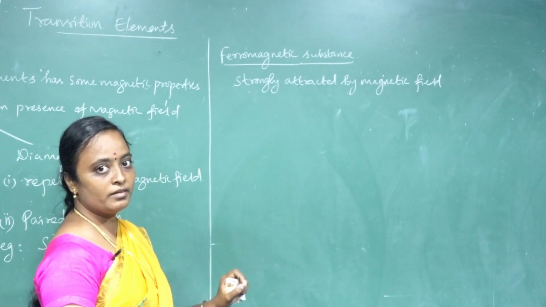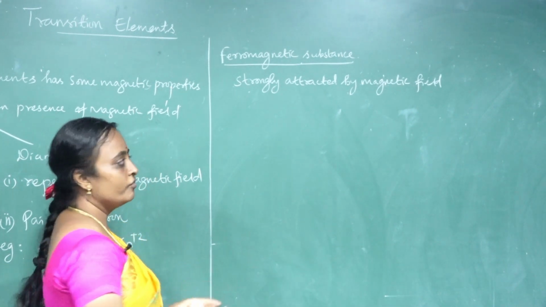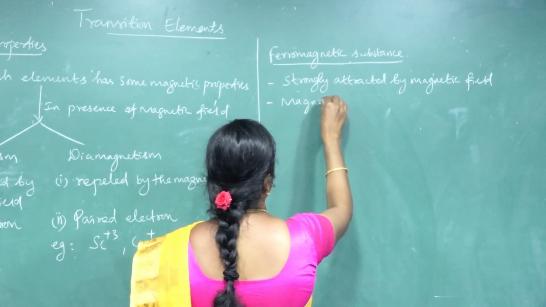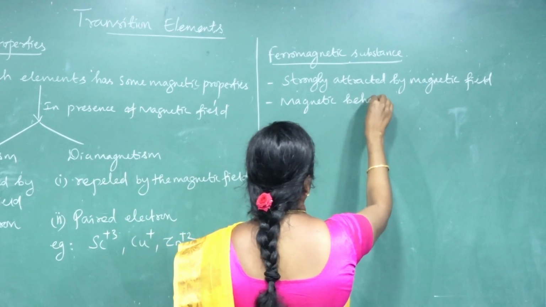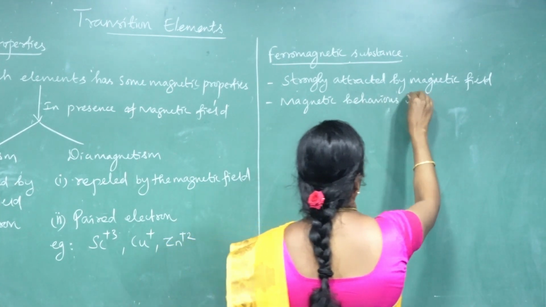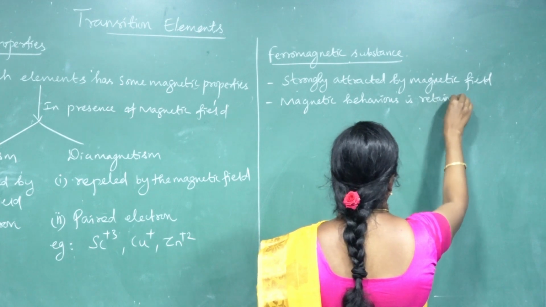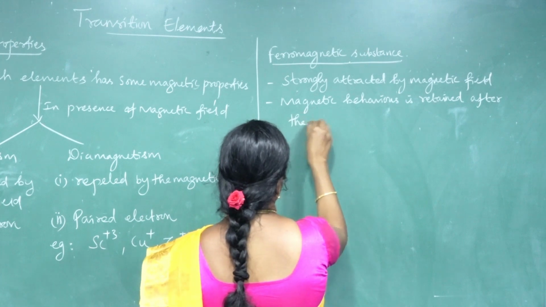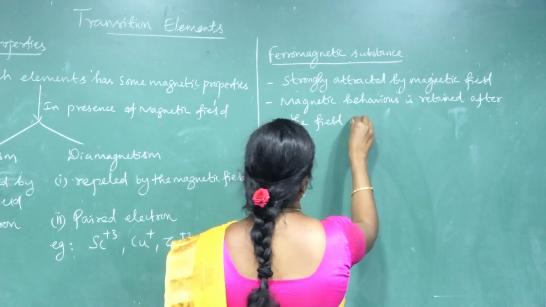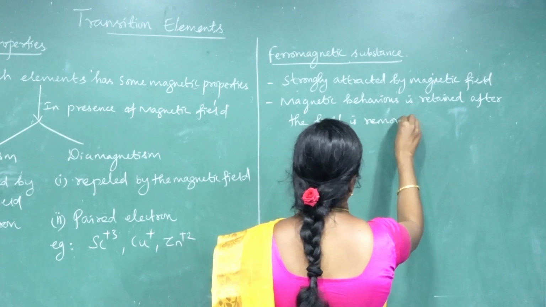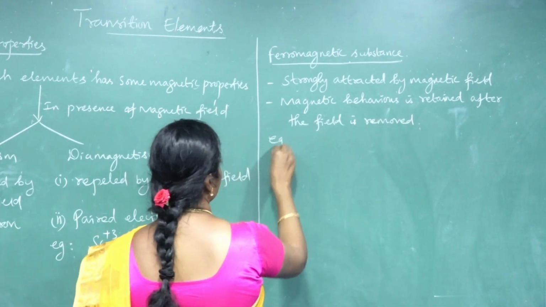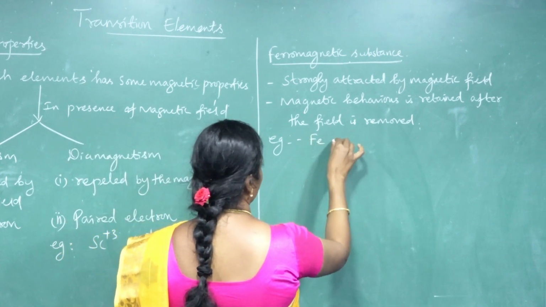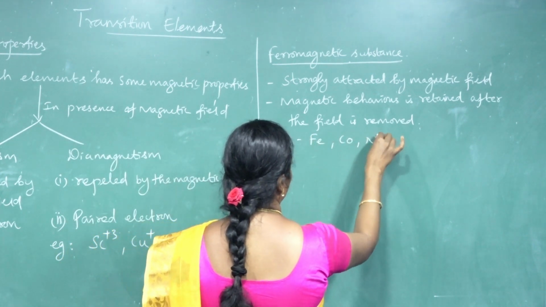An example of a ferromagnetic substance is a common one: iron, cobalt and nickel elements.